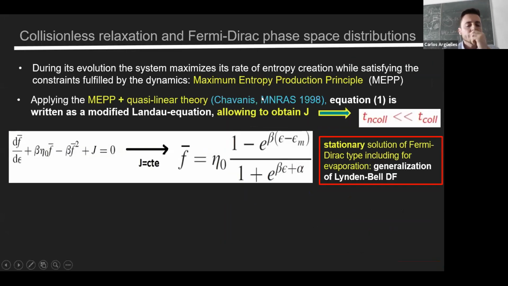And so the key point here is that during this evolution, the system maximizes its rate of entropy creation while satisfying the constraints imposed by the dynamics. So this is the so-called maximum entropy principle.